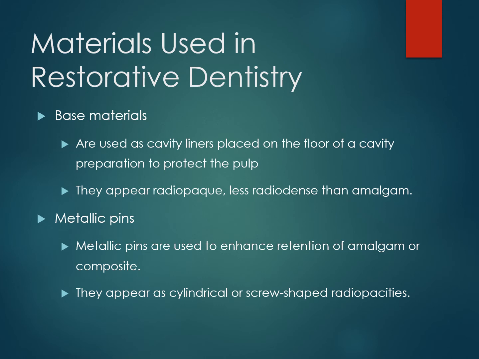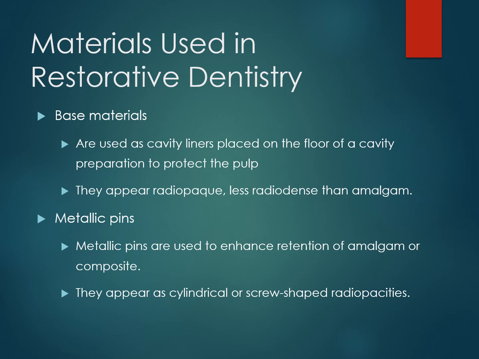There are also sedative liners that they place underneath a filling to try to soothe the tooth and make sure that it doesn't become inflamed. They use others to help insulate the tooth so that the filling material doesn't irritate the nerve. They have a lot of different types of materials, which you guys will learn about next term in dental materials.